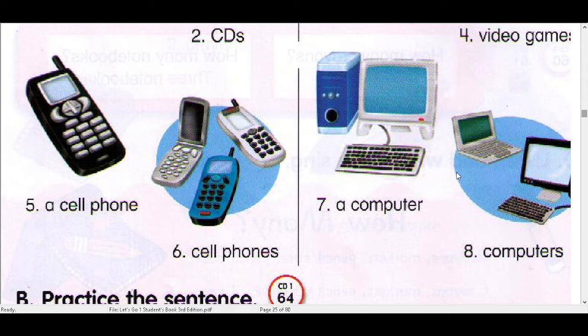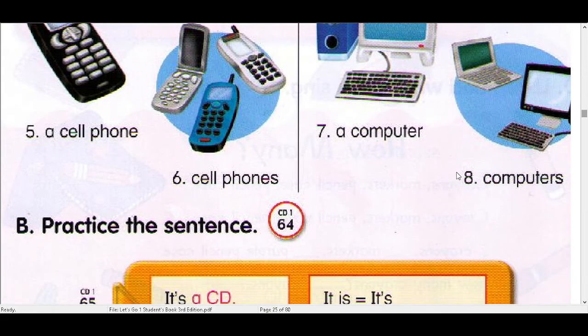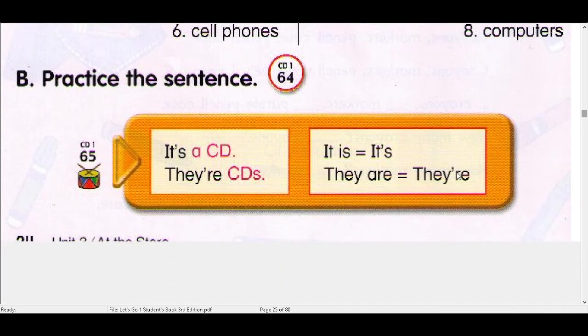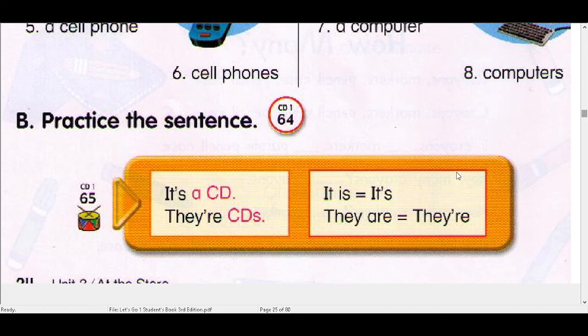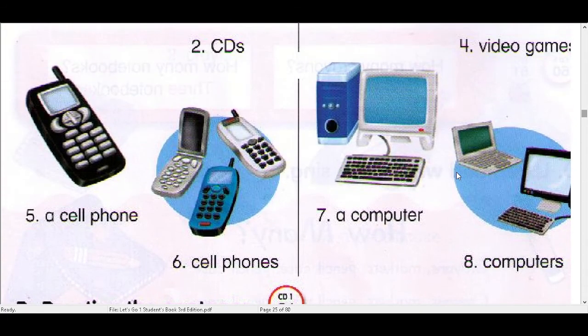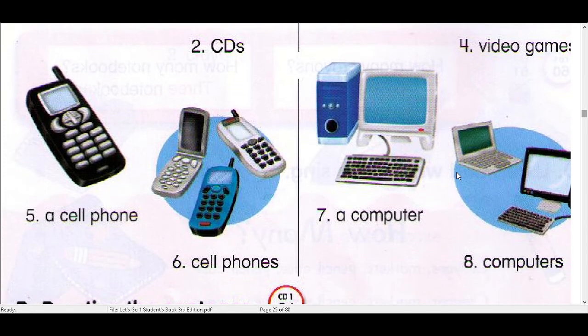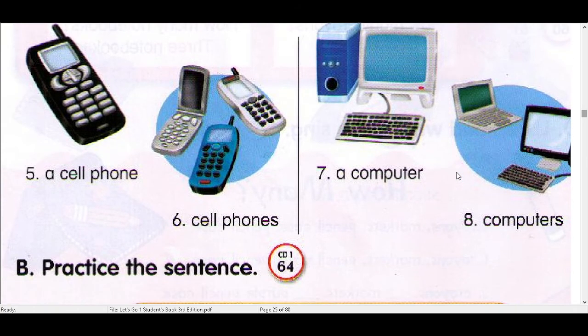It's a computer. They're computers. Track 65. It's a CD. There are CDs. It's a video game. They're video games. It's a cell phone. There are cell phones. It's a computer. They're computers.